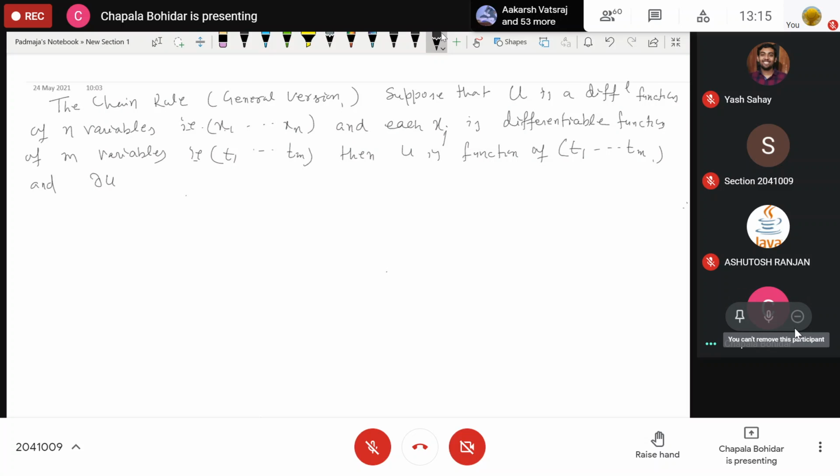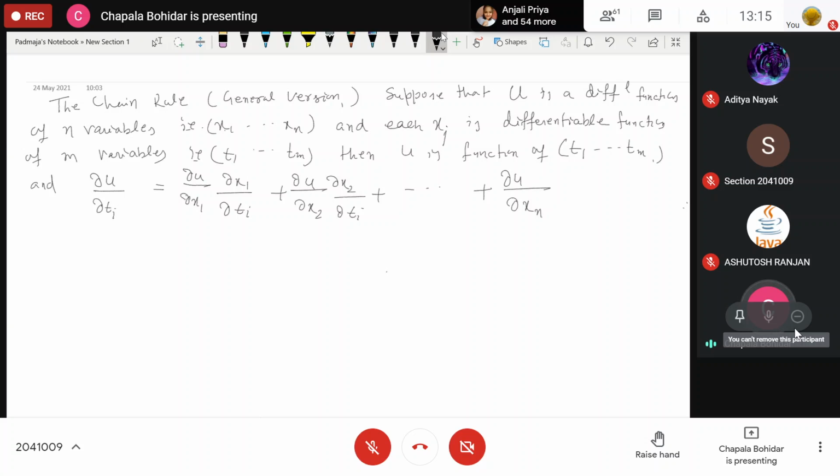In that case, del u by del ti is equal to del u by del x1 into del x1 by del ti, plus del u by del x2 into del x2 by del ti, and so on, up to del u by del xn into del xn by del ti, where i is equal to 1 to m and j is equal to 1 to n.